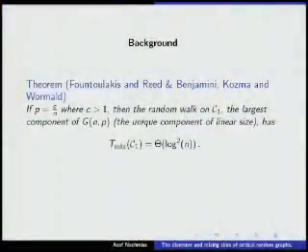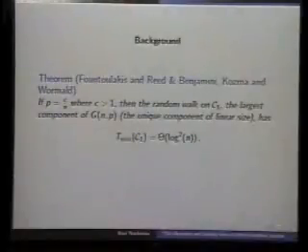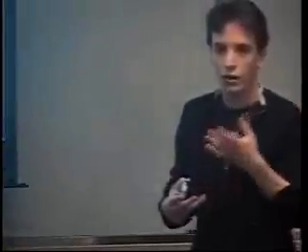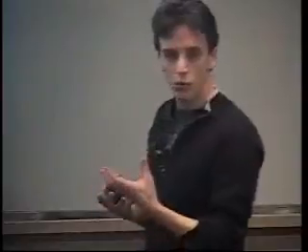Recently, there's been some attention given to the question of what is the mixing time of the random walk on the giant component of the random graph. Independently, Fountoulakis and Reed, and Benjamini, Kozma and Wormald proved that if you take this giant component and run a random walk on it, then after log square steps, it will be mixed.